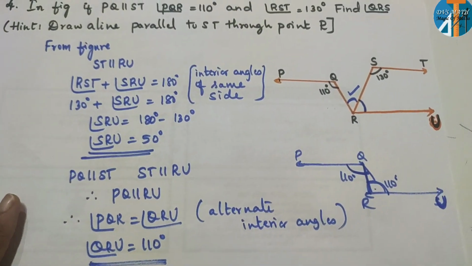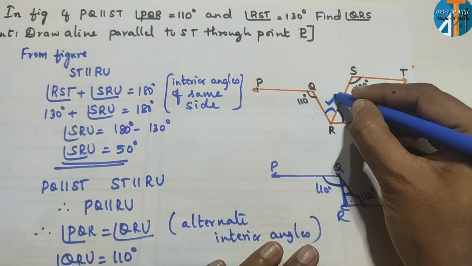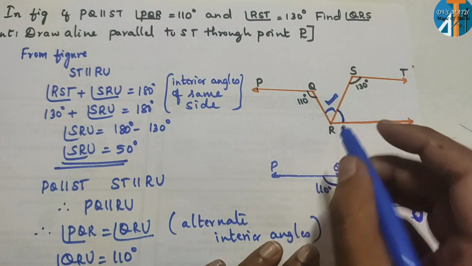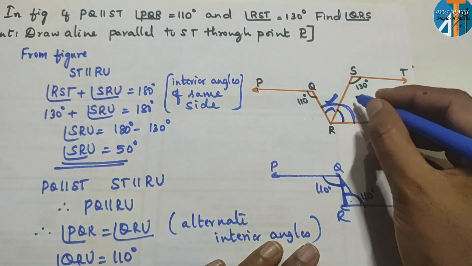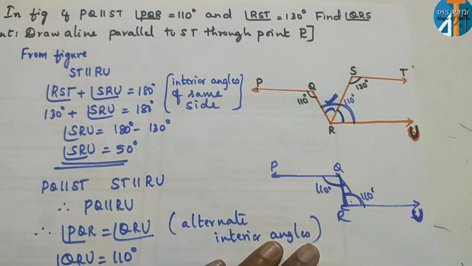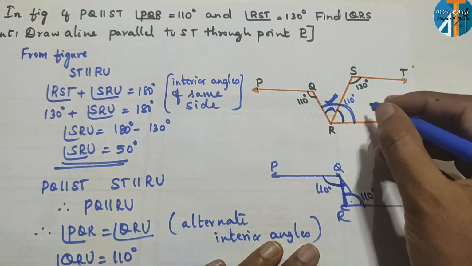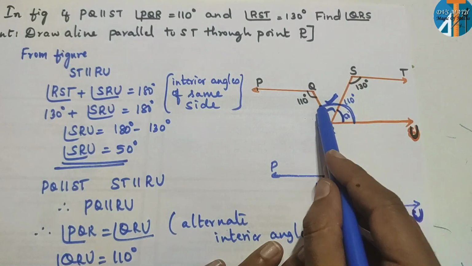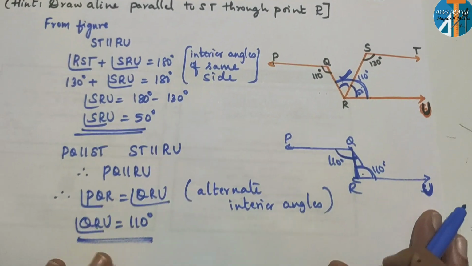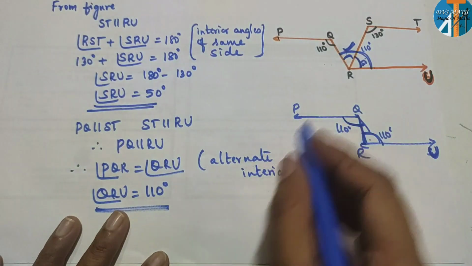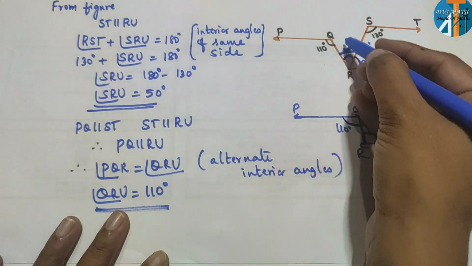Now let's observe this. They're asking to find this angle, QRS. But observe the whole angle we got now, that is QRU. It is 110 degree. What about SRU? This is 50 degree. So from 110 degree, if you subtract 50 degree, you will get this angle.